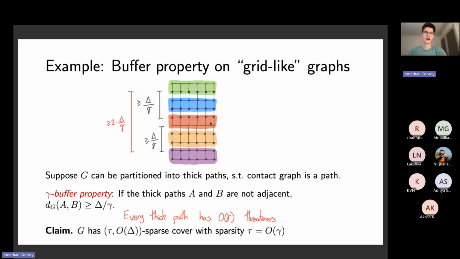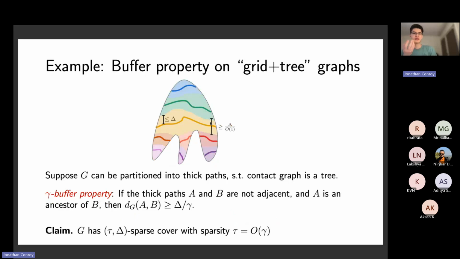And so after you walk delta distance, you can only have walked past O of gamma things. Every thick path has O of gamma threateners. Okay, this is very similar to what happens if we have a graph that can be partitioned into thick paths where the contact graph is a tree.